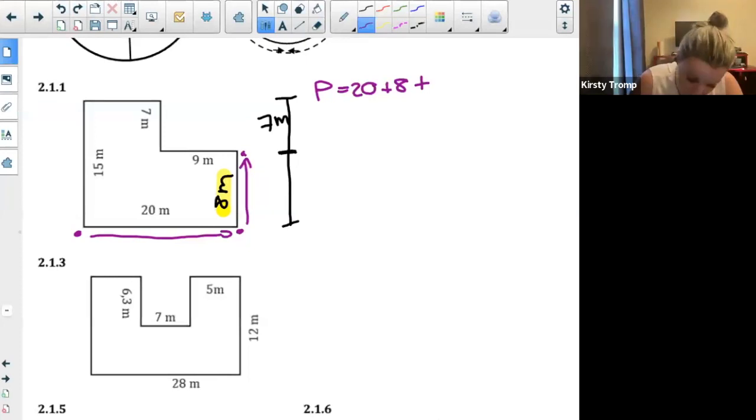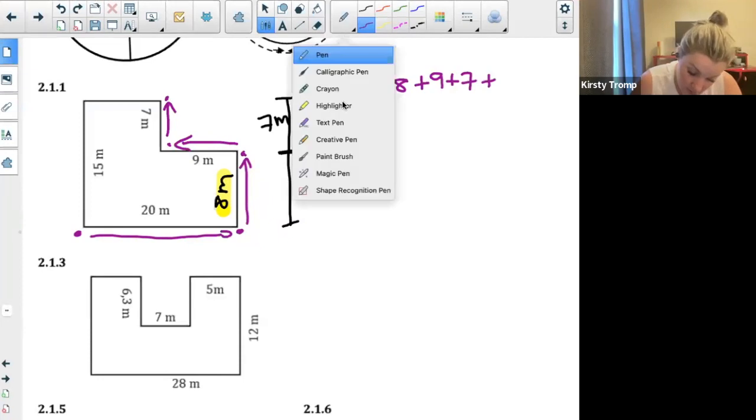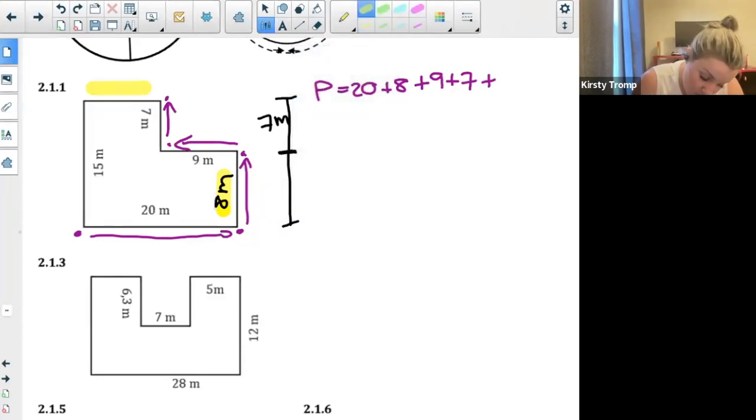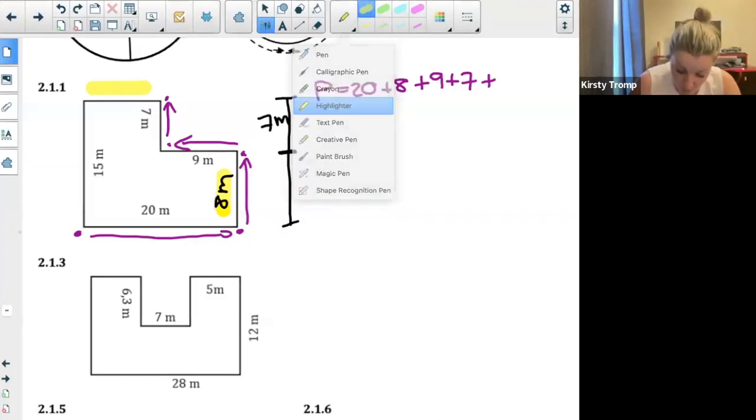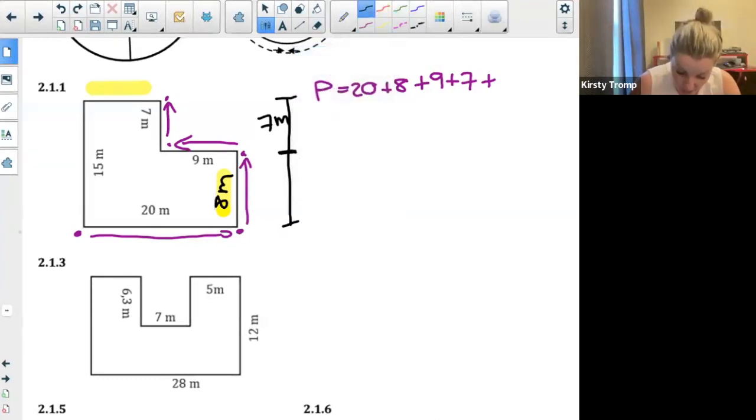Then Peter's going to walk from that point to that point. So 9. Then he's going to walk from that point to that point. So 7. Then, oh my goodness, we hit another hurdle. We know that the total from that edge over there to this edge over here is 20.